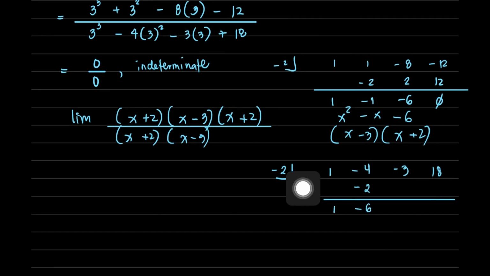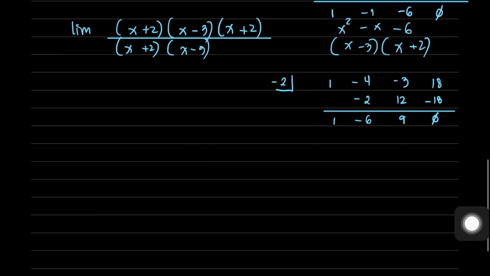Negative 6 times negative 2 is positive 12. Negative 3 plus 12 is 9. And then 9 times negative 2 is negative 18, so the remainder is 0.